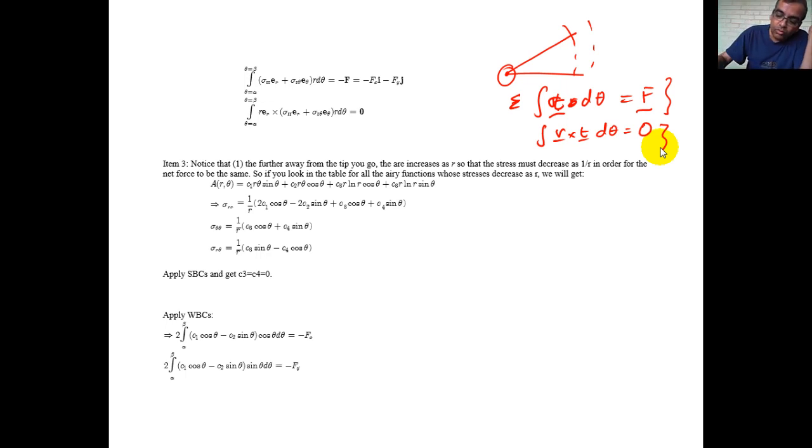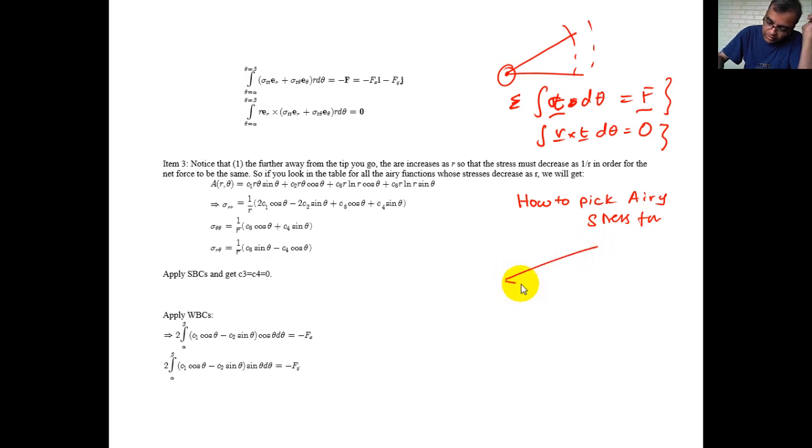Now comes the question, how to pick the Airy stress function. What happens is, you notice that the wedge gets wider, right? So the surface area gets more. Surface area increases as r.